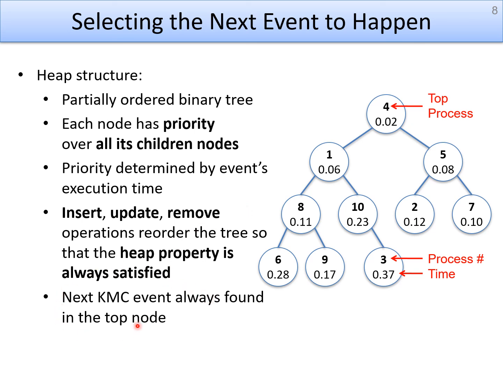As I mentioned a moment ago, the next KMC event, the imminent KMC event, is always at the top. So we basically find the minimum in constant time, and these insert, update, and remove operations are the costly operations that are performed in log n time.